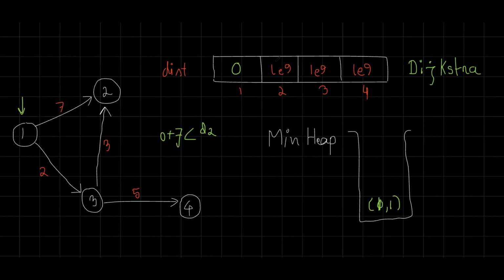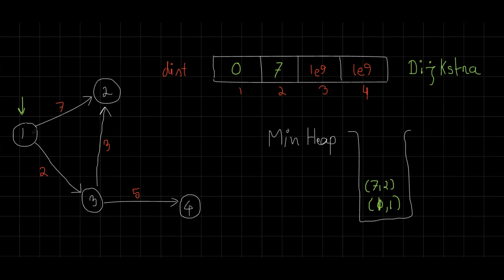Here the distance of 2 is infinity, which is a large value. So it is true. That means we can assign 7 to the distance of 2, and we will add the value 7 and 2 into the min heap.